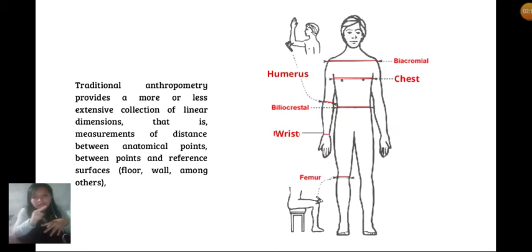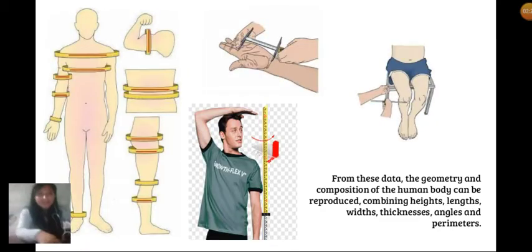The image shows some examples of angles and perimeters, for example, humerus, wrist, femur, and chest. From this, the geometry and composition of the human body can be reproduced, combining height, length, width, thicknesses, angles, and perimeters. The perimeters are taken as shown in the first image.